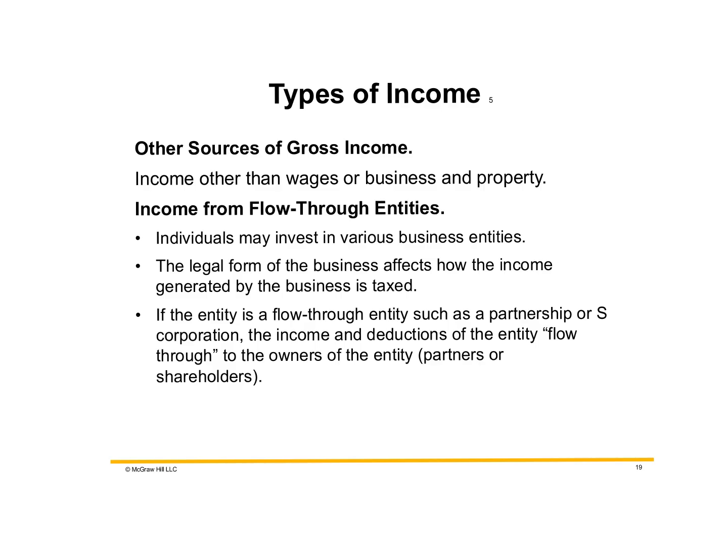In chapter 15, we talked about how individuals can invest in or own different types of business entities. And we also talked about how the legal form of the business affects how the income generated by that business is taxed.